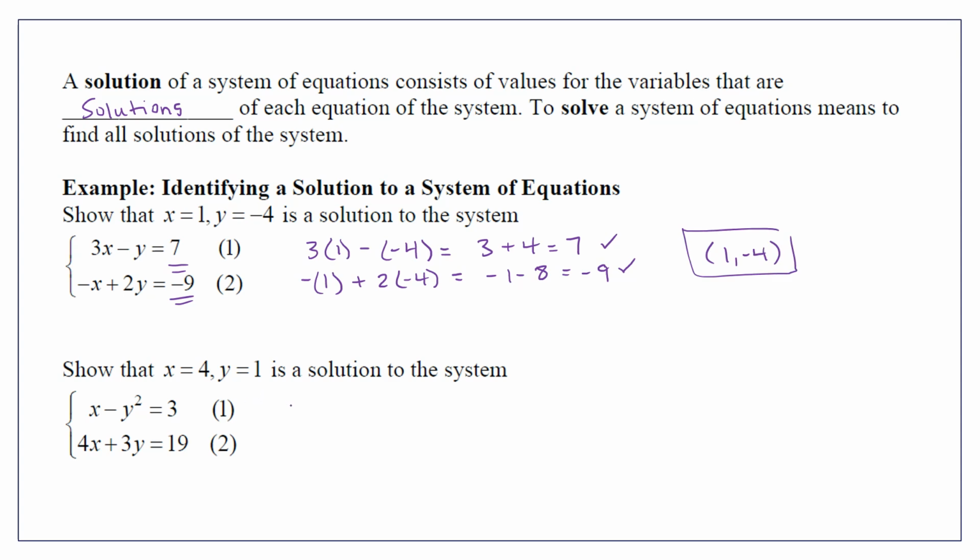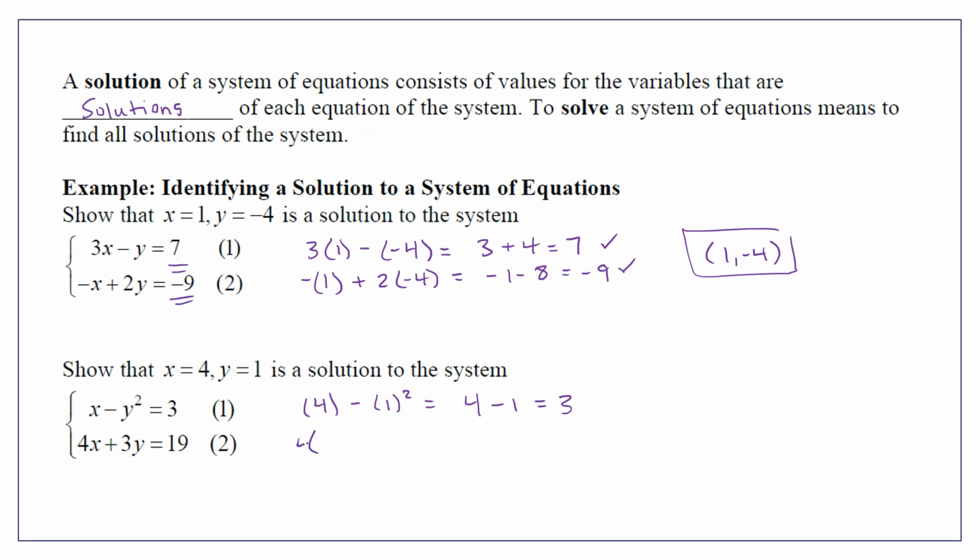Let's do the next one. We're going to show that x equals 4 and y equals 1 is a solution to the system. So we'll substitute in 4 for x and 1 for y. So that would be 4 minus 1, which equals 3.